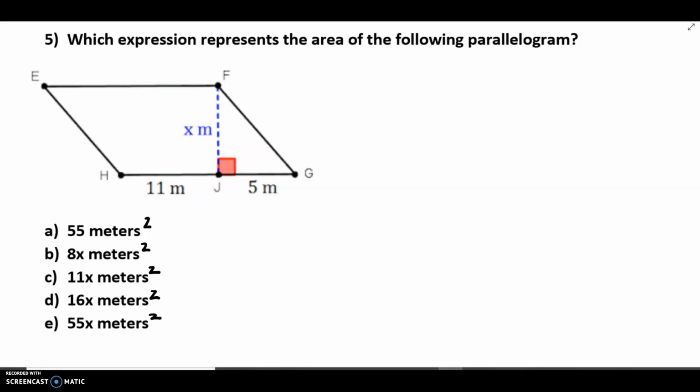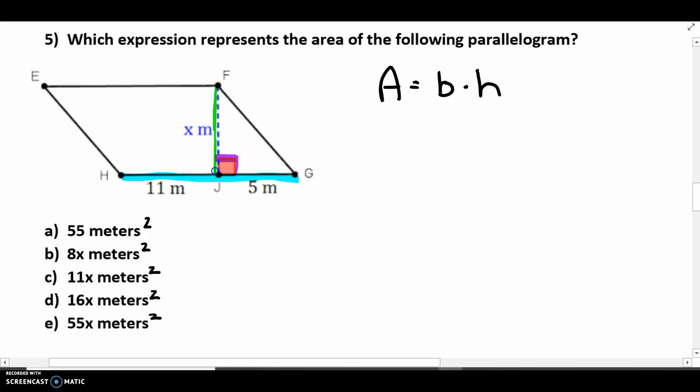Again, we want the area, which means I want to identify what is my base and what is my height. Remember, we want to look for where we see perpendicularity, and I have perpendicularity right here. So I can identify one side of my shape, and then the height as being perpendicular to that.